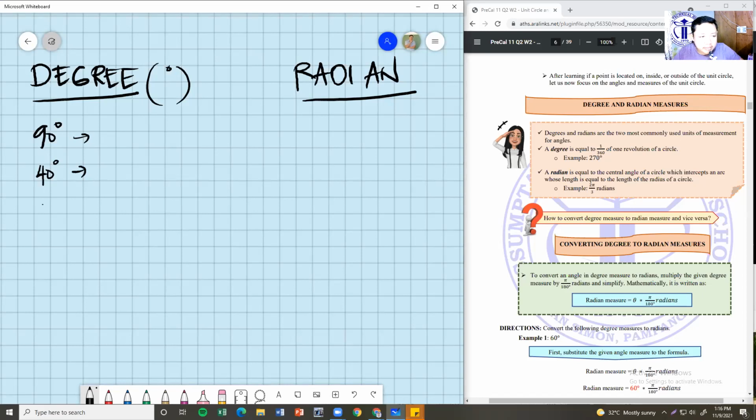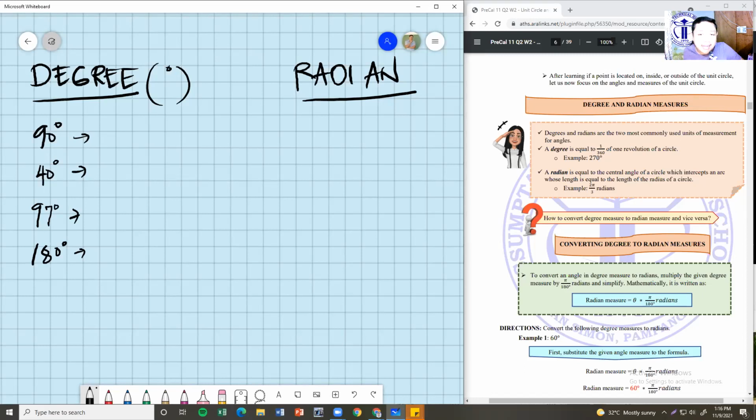What if it is 97 degrees? What kind of angle is this? Okay, it's obtuse. What if it is 180 degrees? What kind of angle is this? Type your answer in the chat box. Only one got it correctly.